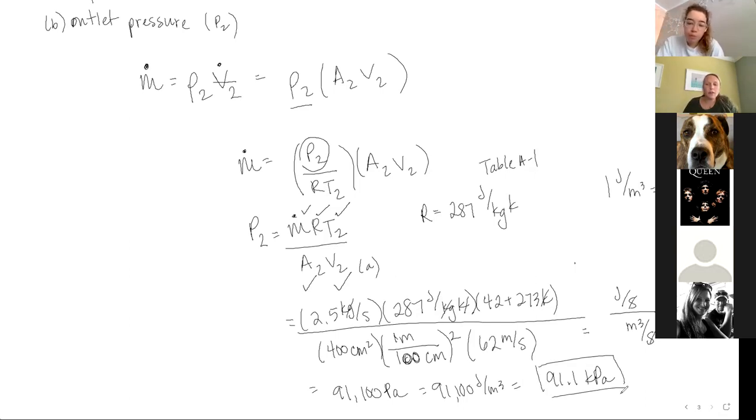On an exam, if I don't tell you what units you have to provide, you could give any of these: Pascal, joule per cubic meter, or kilopascal, as long as the units still make sense for what you're answering. You could give me joule or kilojoule, joule per second or watt. Unless I specifically tell you what unit to give, you can give me whatever unit that you work out in the problem.